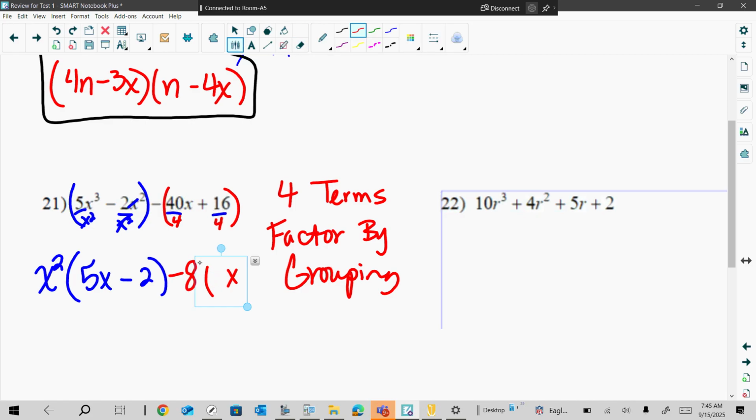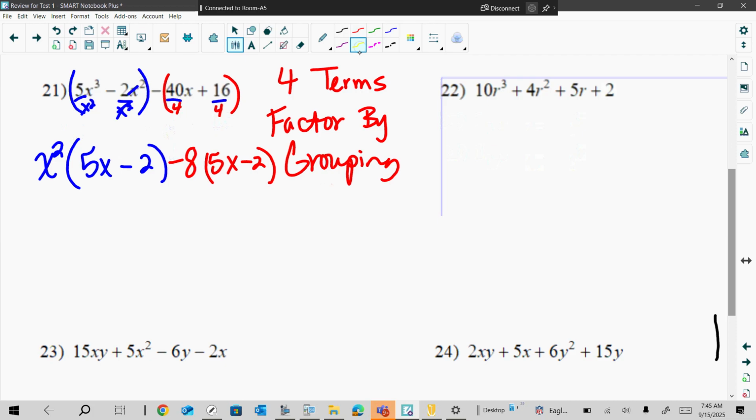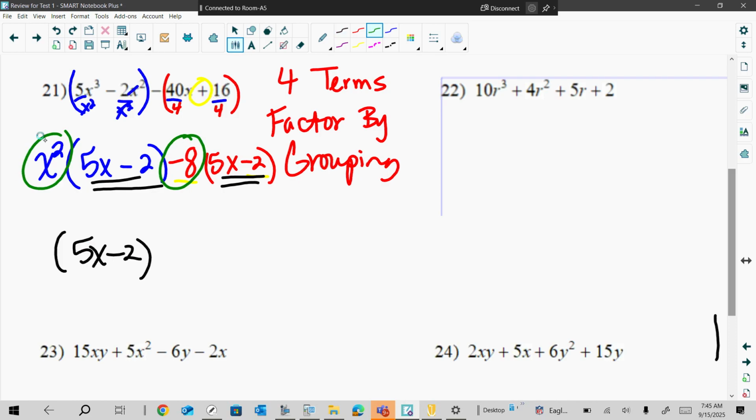Negative 8 or minus 8. 5x minus 2. Okay, so think of this. Remember, we're distributing. So if I have a negative 8 and a minus 2, a negative, what's the only way I can make that a positive? So that's why we try to keep that sign on the outside. The common binomial is a factor. So the 5x minus 2 is one of your factors. And your GCF, that's what's outside the parentheses, is the other set of factors. X squared minus 8.